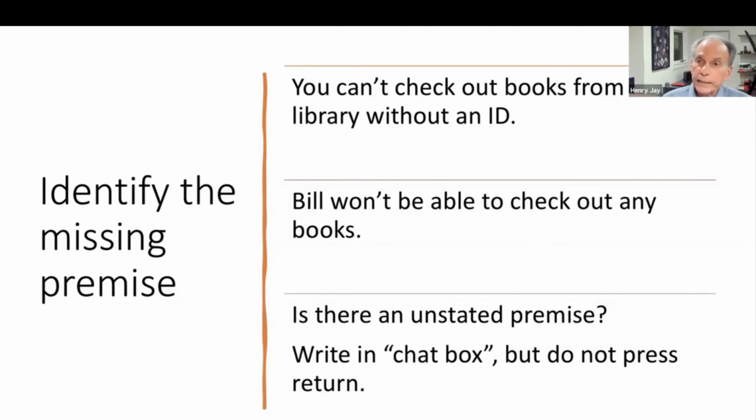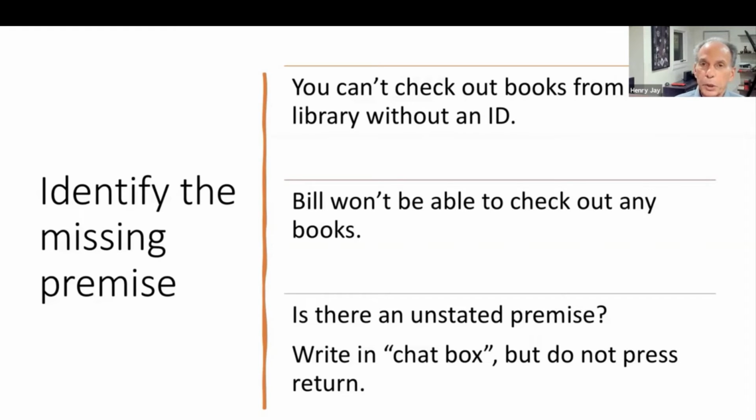Just like in that previous example, the author said it would probably be a horrible government in many ways, and we said the author didn't branch out and tell you what those many ways were. So there were missing premises. So here's a similar case.